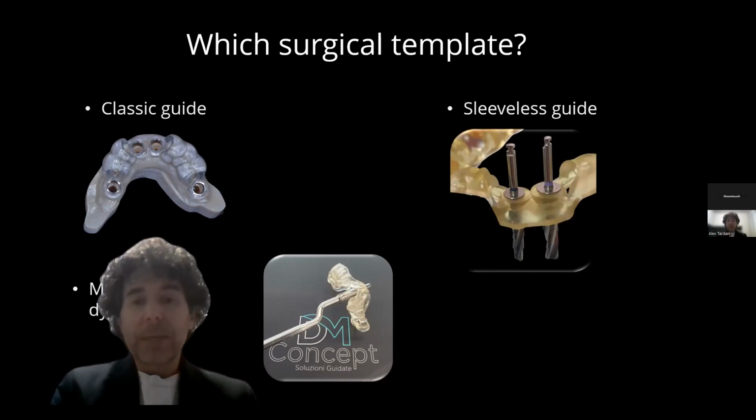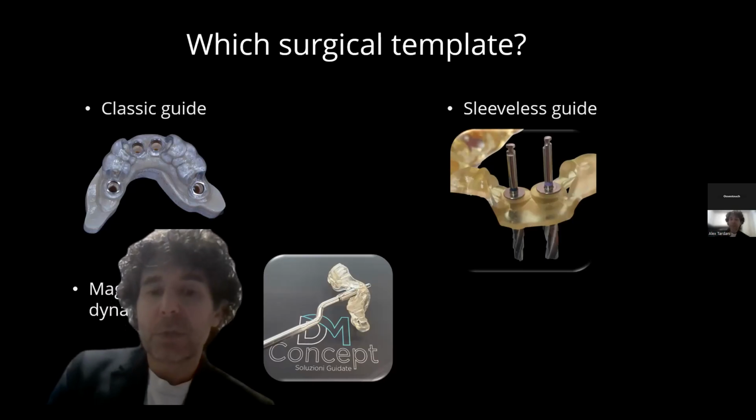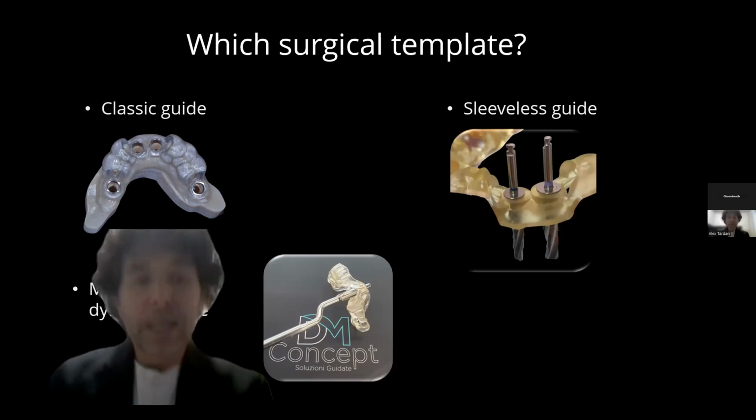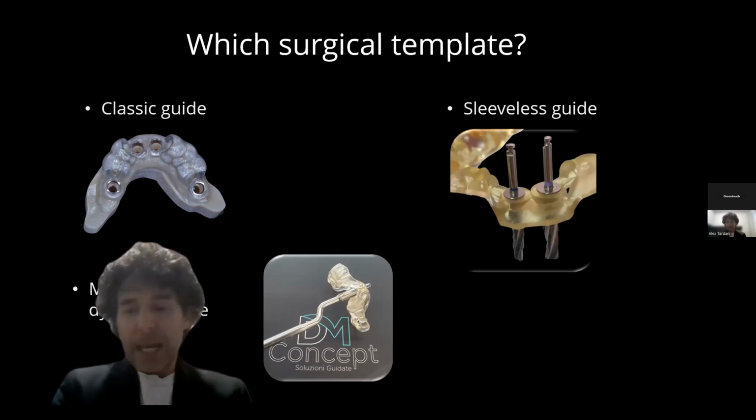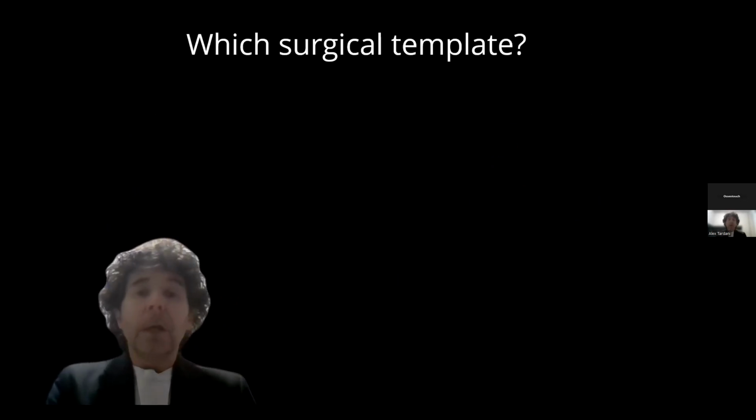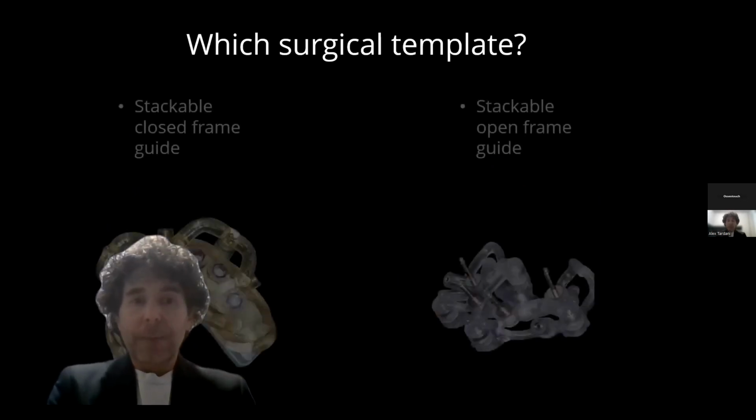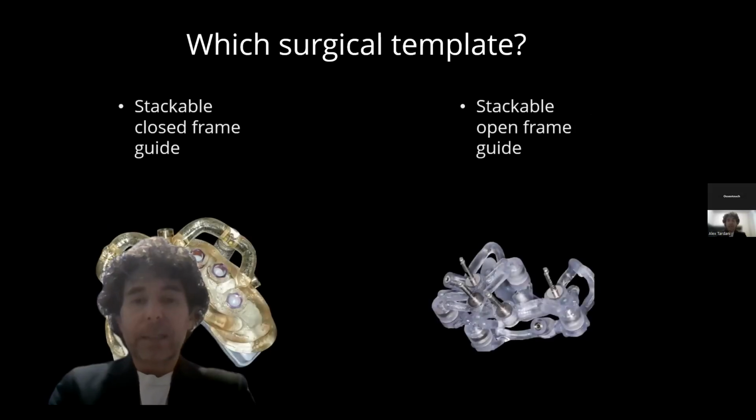So, we've evaluated how increasing the size of certain parts of this guide ensures greater stability and reduces the vibration effect, giving us greater precision in more complex cases. We also know that surgical guides can be made in a stackable way, meaning composed of multiple modules, and can be designed as closed or open.